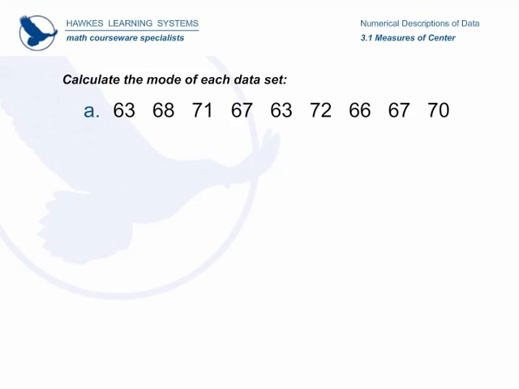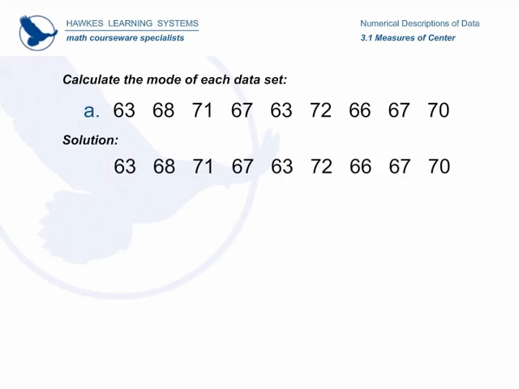Now let's take a look at another example where we'll find the measure of center. We'll find the mode. For our data set values, we have 63, 68, 71, 67, 63, 72, 66, 67, and 70.